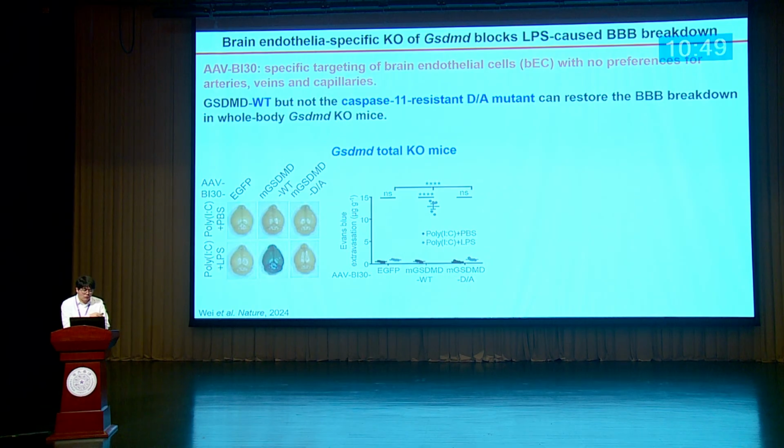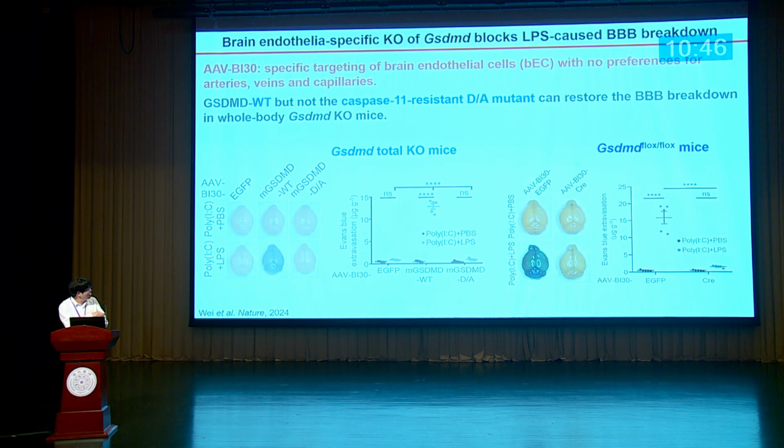We also took advantage of the AAV system to express Cre enzyme in floxed mice, so that we can achieve a specific knockout of gasdermin D in the brain endothelial cells. You can see that the conditional knockout can block the BBB disruption.